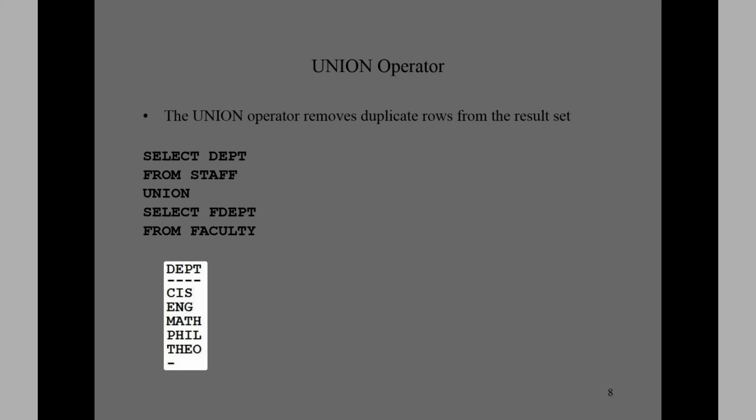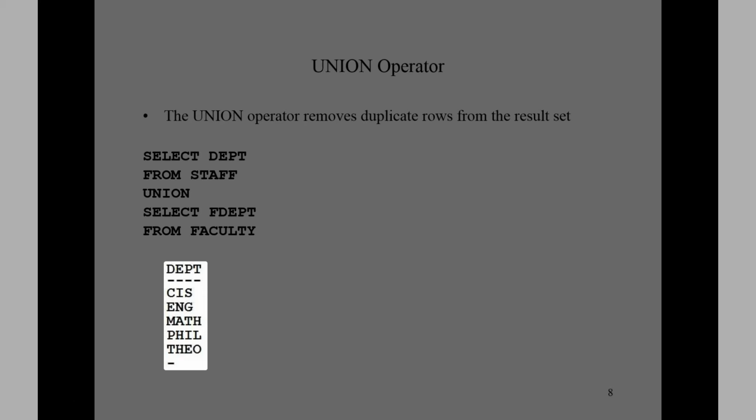Likewise, a department that employs faculty only and has no staff will also be reflected in the output. And finally, a department that employs both types of employees will be reported in the output. So regardless of the number and types of employees, a department will appear only once in the output.